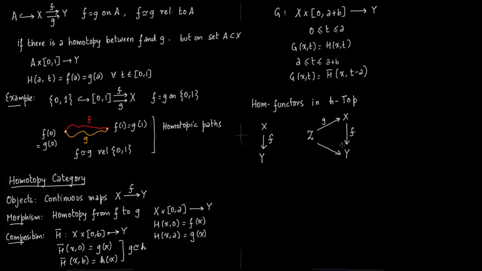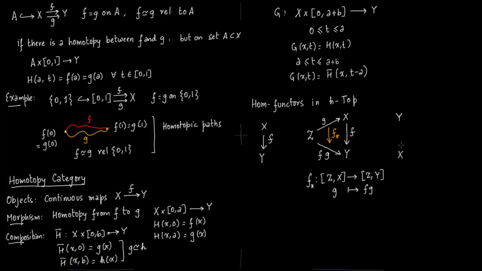So then you can form a map from z to y by first applying G and then f. So we will call this operation f subscript star. So that is nothing but f star takes these homotopy equivalent maps from z to x to the map z to y. So obviously you're given map f, so you're given a map G, you first apply G and then you apply f.